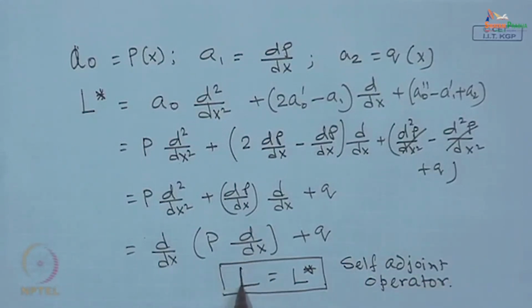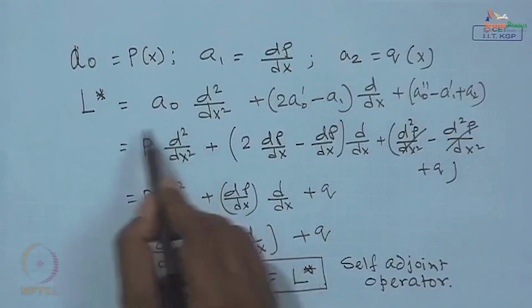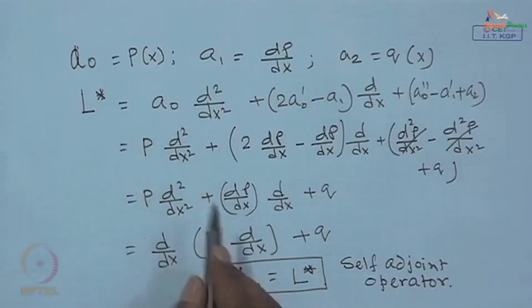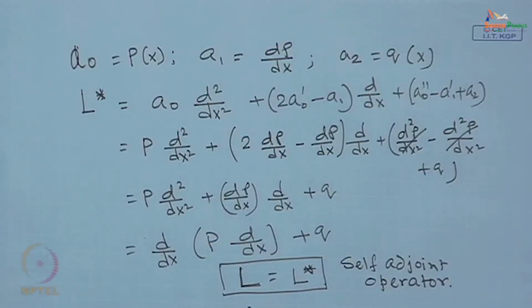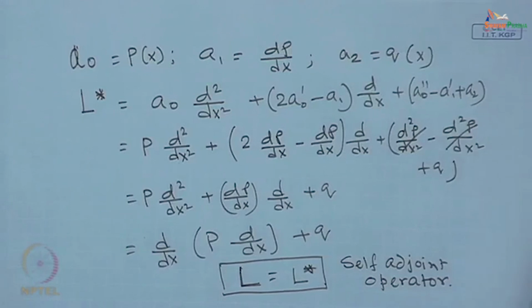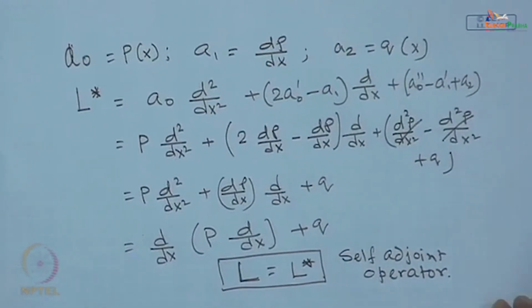This particular operator in general is known as the Sturm-Liouville operator. So, let us write down the Sturm-Liouville equation. If we have to prove that the Sturm-Liouville equation is a self adjoint equation, we have already proved that L is equal to L star, but we have to prove that B is equal to B star as well. The boundary operator should also match.